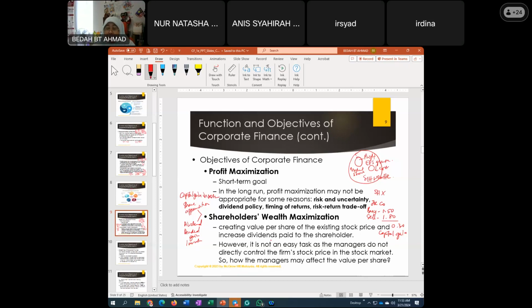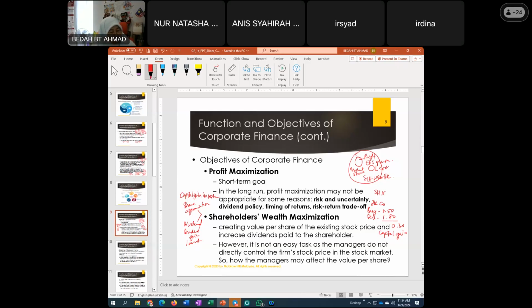So how may the managers affect the value per share? You may find the answer to these questions in the textbook, on page 6, under creating value.